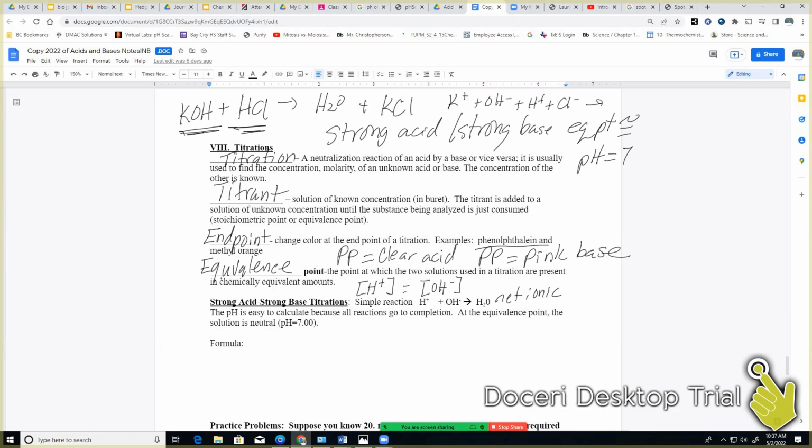And then on my product side, I would have my water, which stays together. But then my KCl would also ionize. So we had a whole lot of spectator ions when we did these reactions. So our net ionic really just ended up being the formation of water.